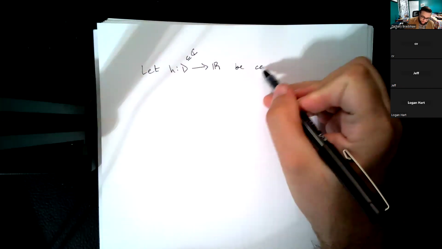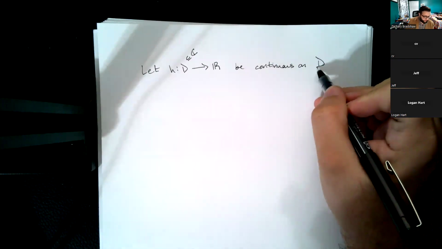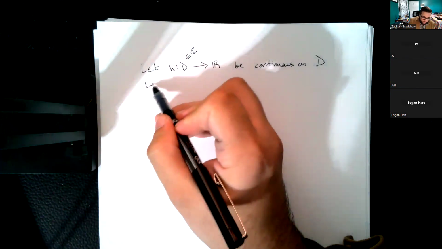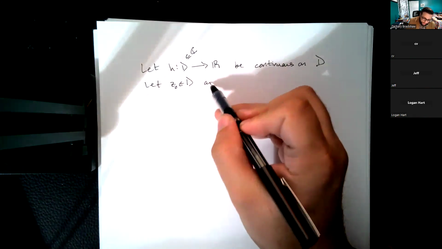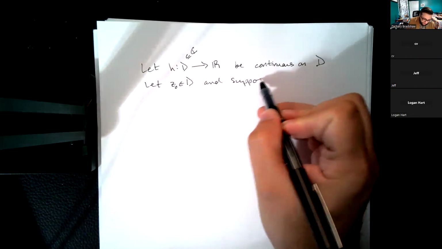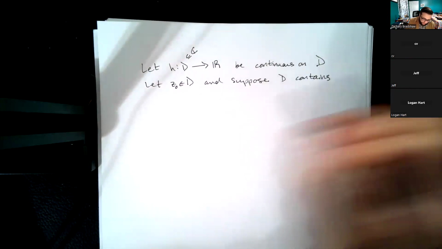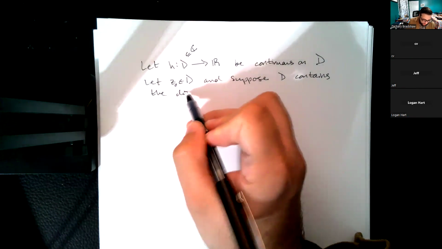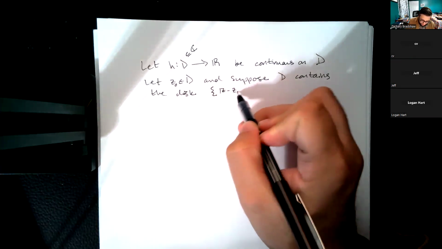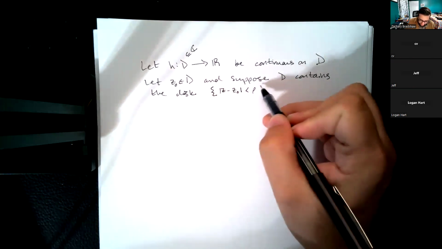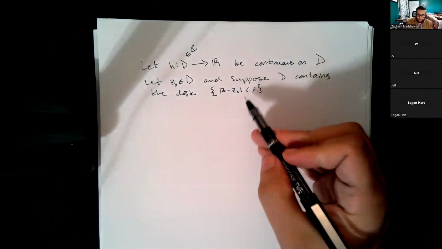And let's let it be continuous on all of D. And also let z0 be an element of D. And suppose that D contains the disk centered at z0 with radius r. And we're talking about the open disk here.